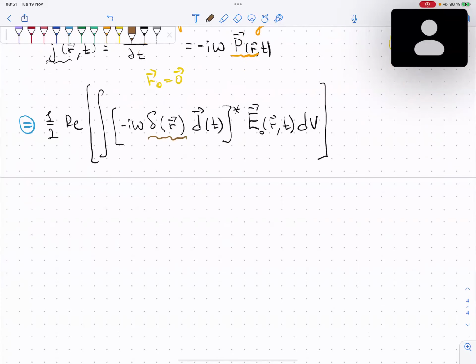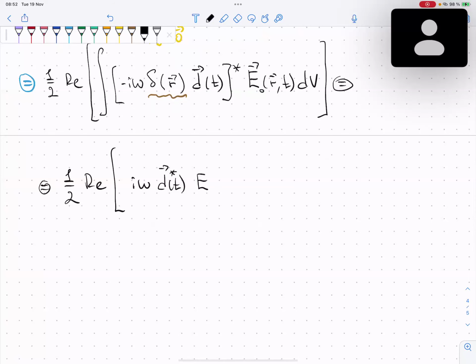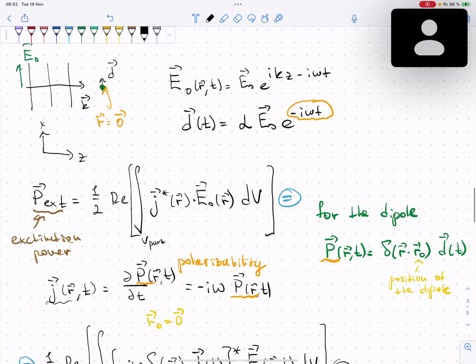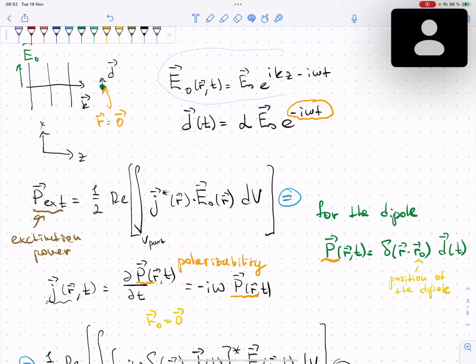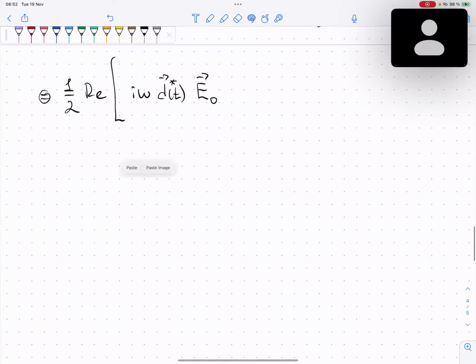Because we have a delta function here, this will be just 1/2 real part of minus i omega delta dipole moment of t. Well, after the conjugation, minus i becomes i, and here we have the dipole moment conjugated multiplied by the incident field. If we substitute this here, we will have just E0 multiplied by exponent minus i omega t.